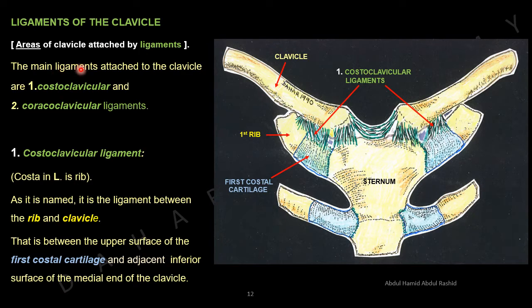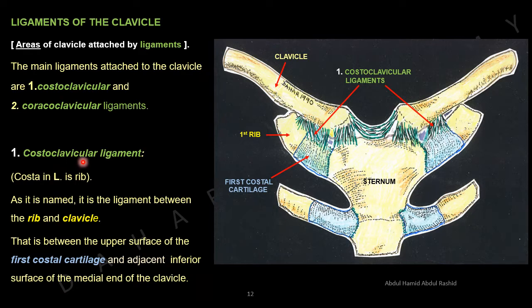The main ligaments attached to the clavicle are, number one, the costoclavicular and the coracoclavicular ligaments. The first one is the costoclavicular ligament. As the name says, costo is the ribs, clavicular is the clavicle.